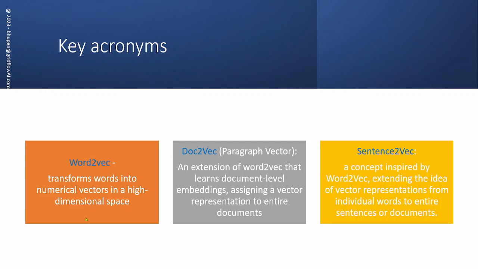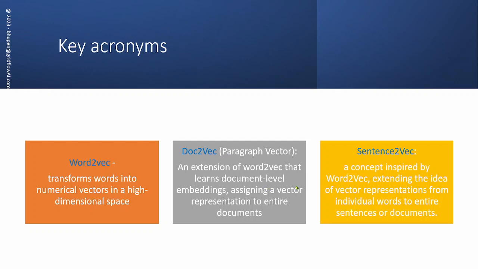Word2Vec is for transforming a word into a vector representation. And similarly, if you convert a document, which could be sentences, a group of sentences, or a paragraph, that is called document to vec. Sentence to vec and document to vec are sort of related.